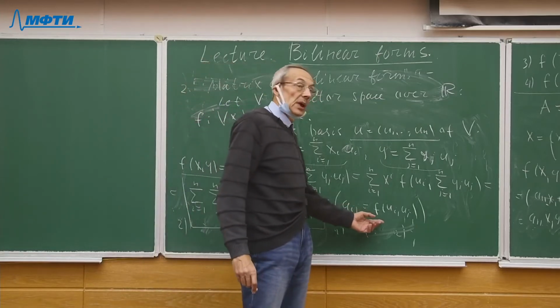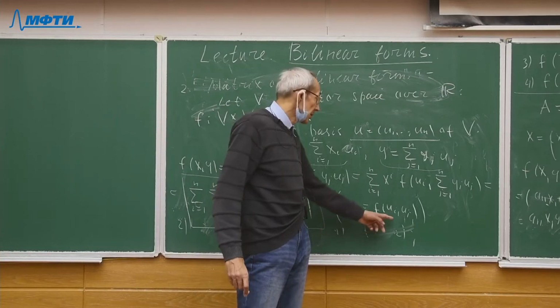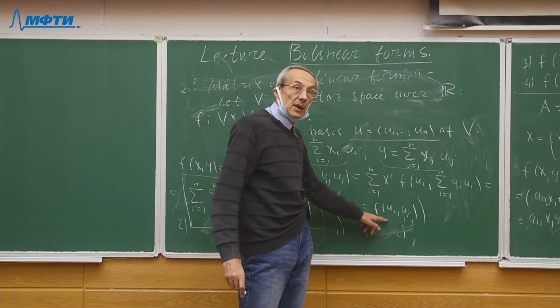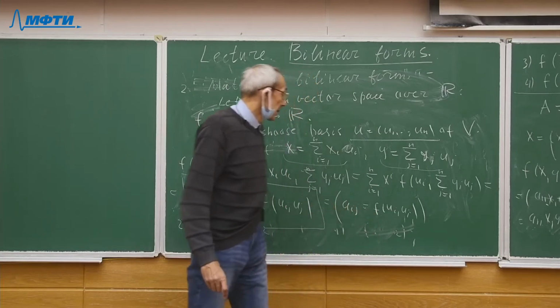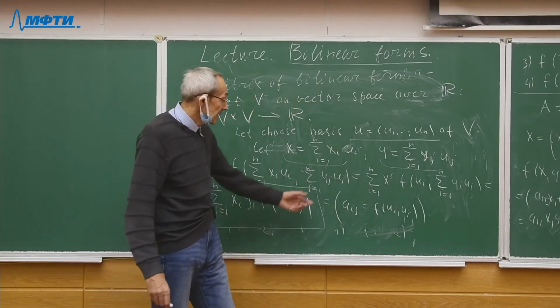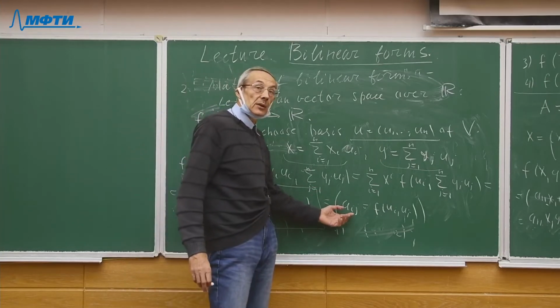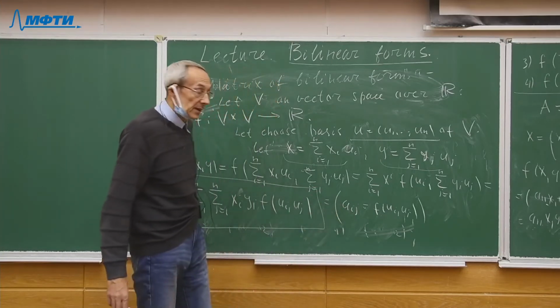If we apply our bilinear form to the ordered pair of vectors from our basis, we obtain some numbers, and these numbers form the elements of some matrix.